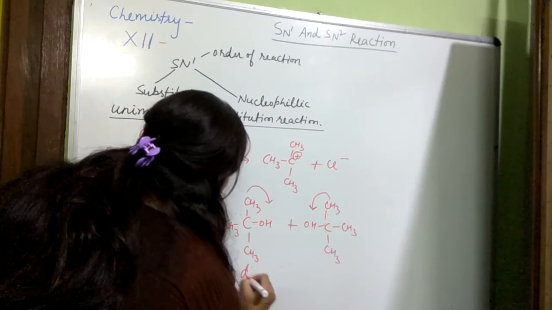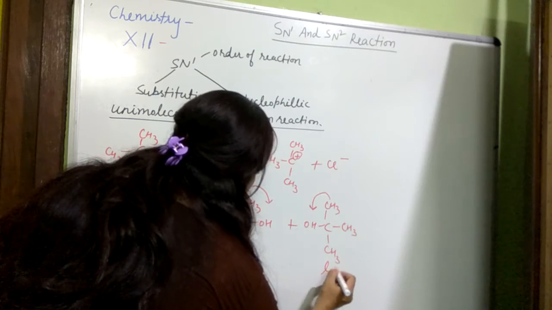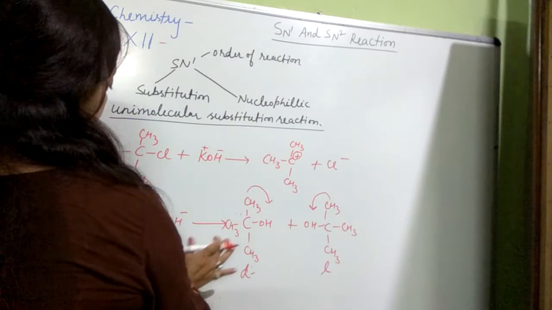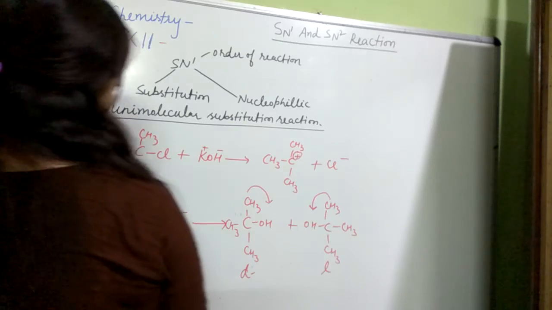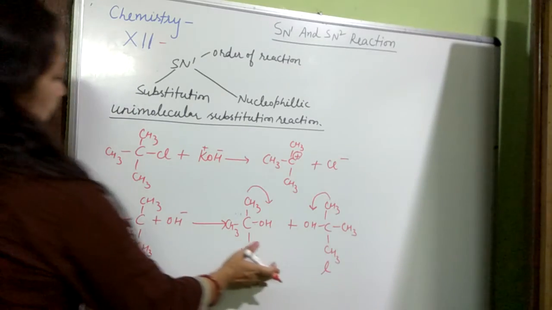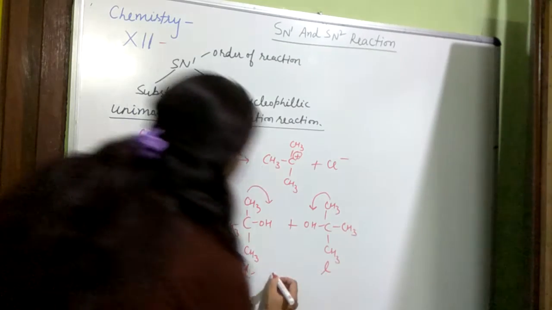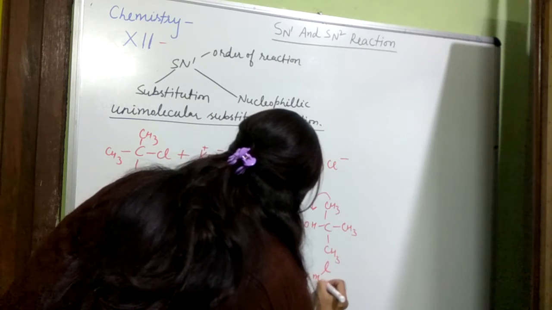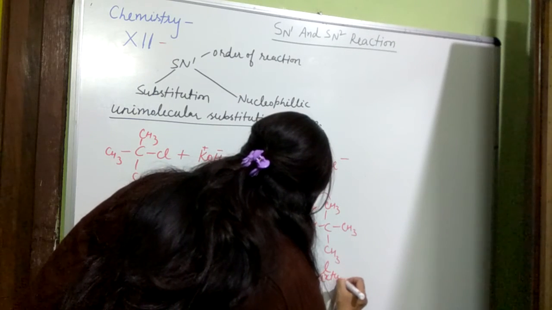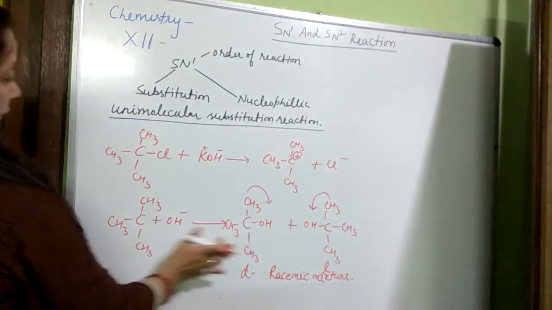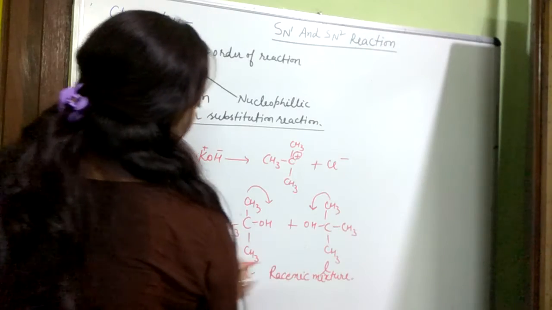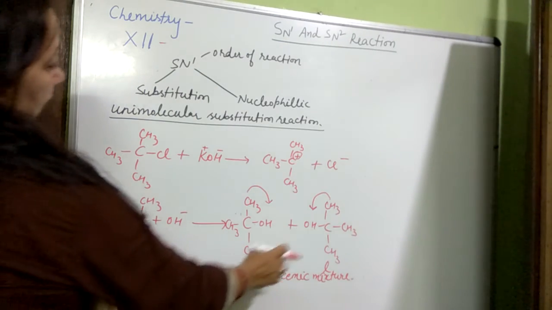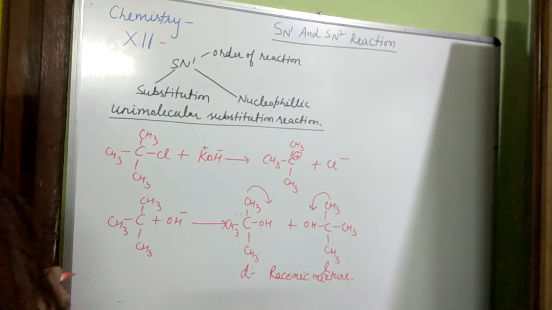This is dextrorotatory and this is levorotatory, and the product forms the racemic mixture. When SN1 reaction takes place, we obtain racemic mixture. A pair of enantiomers are obtained, 50% dextrorotatory and 50% levorotatory.